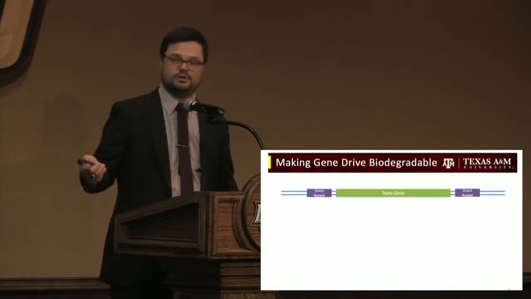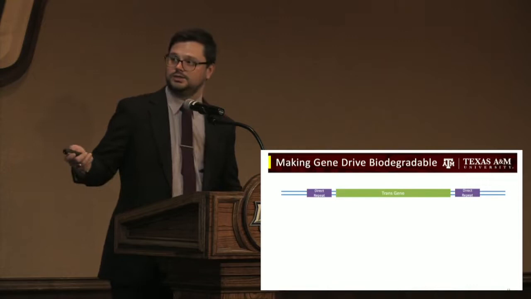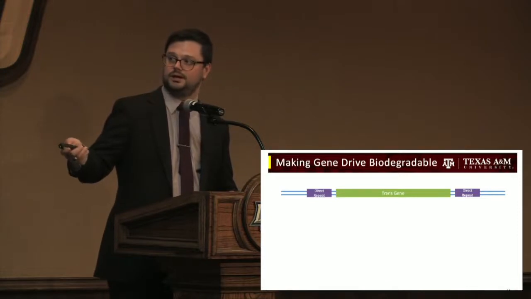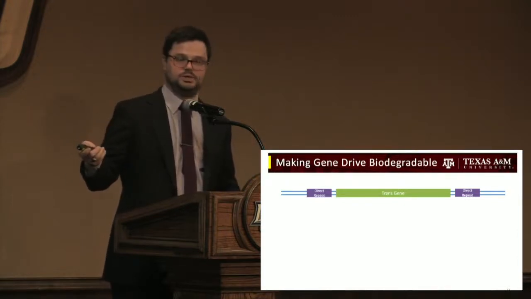And so the way that we make that biodegradable, so that we can test it without making any permanent changes to the ecosystem, is something else that we'll add to the transgene: a different endonuclease that will attack itself. And we also make sure that the transgene that we add is bookended with these direct repeats.